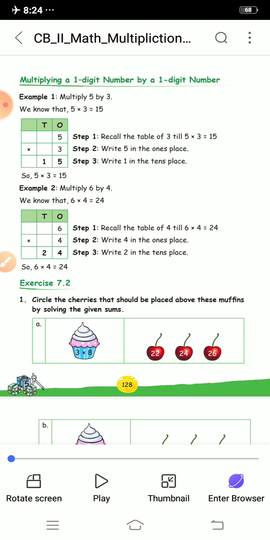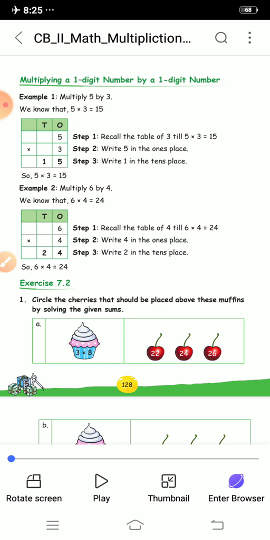So here first one example we can see. It is written multiply 5 by 3. So we all know that 5 into 3 equals 15. Okay, 5 threes are 15.